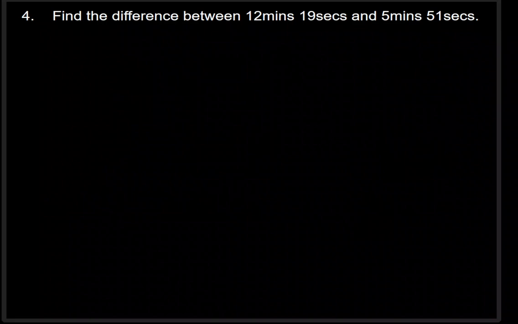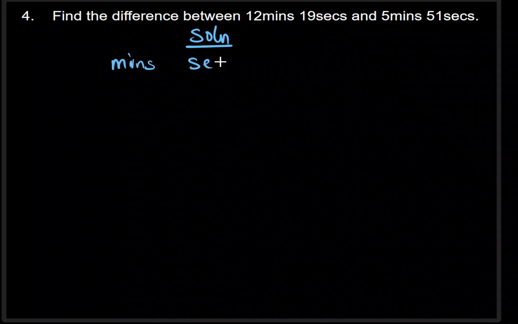All right. So we move to number 4, difference. I will need you to be very, very attentive because we also do some explanation under subtraction here. It's the same thing. Minutes and then seconds. So we have 12 here, and then 19 here, and then 5, and then 51.